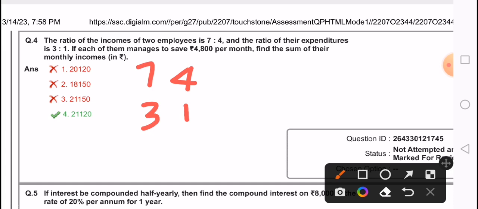So if we make the difference between these two the same, then we can equate with 4,800. So what is the difference here? Here the difference is 3, and on the other side the difference is 4, and so we multiply.